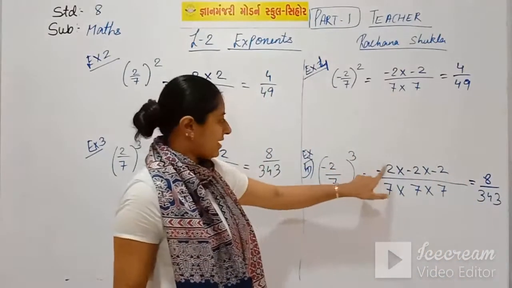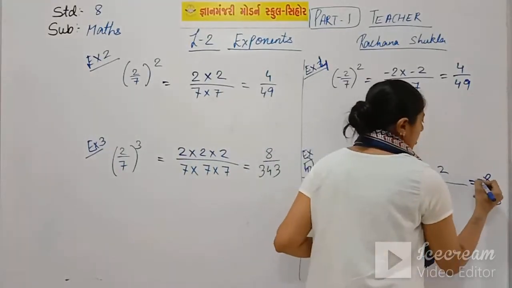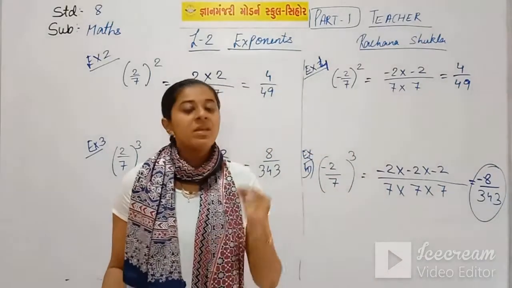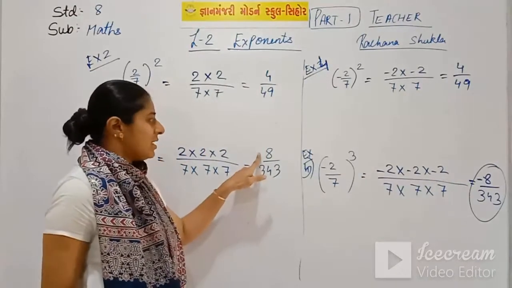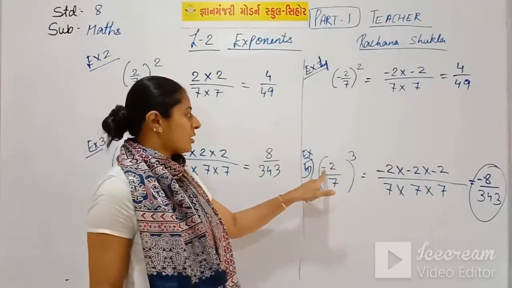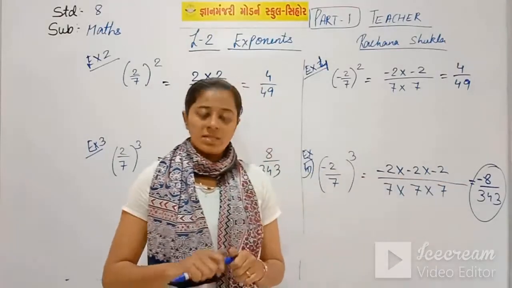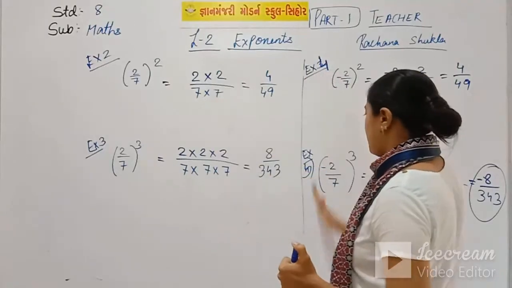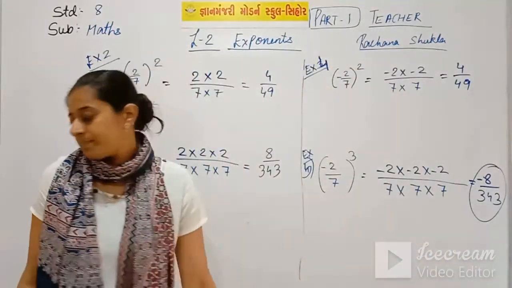But minus minus plus, plus minus minus. Your answer is minus 8 upon 343. Here it was plus 8, because we got minus 2 three times. So we have answer as minus 8. Please note down all these examples up till 5 number in your example book.